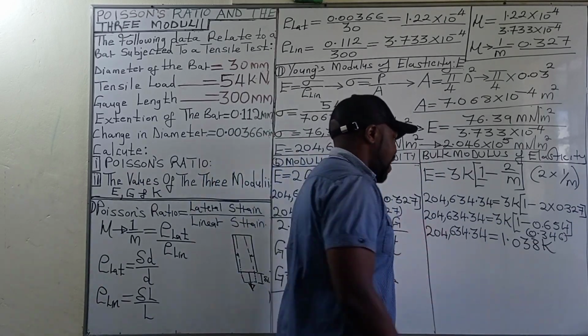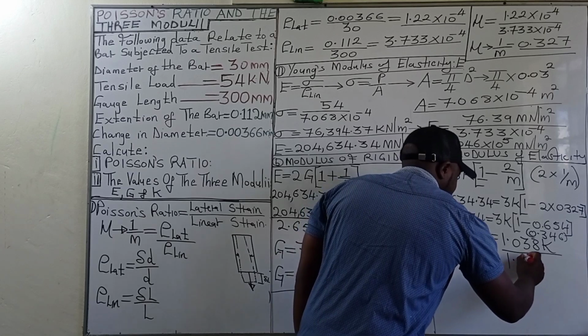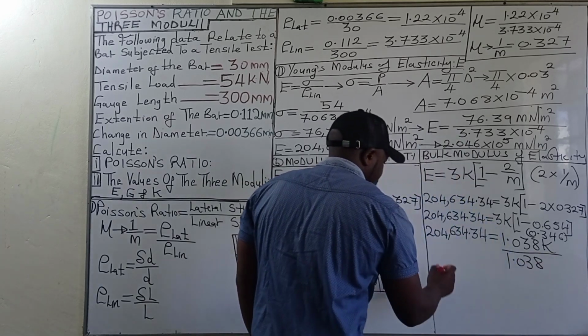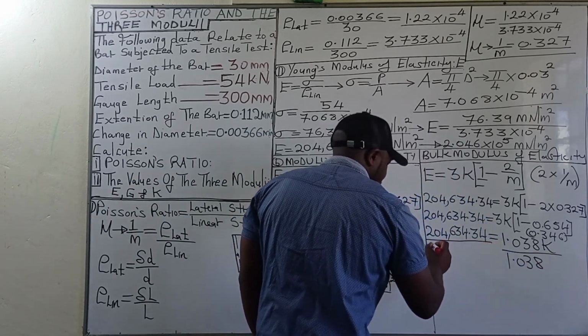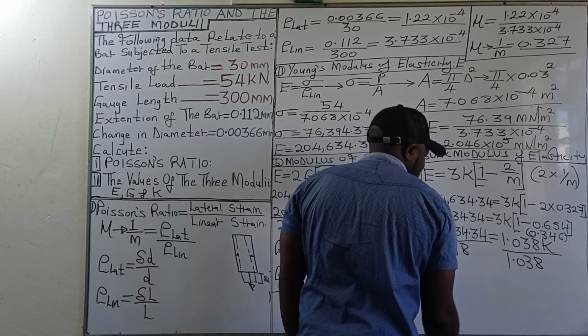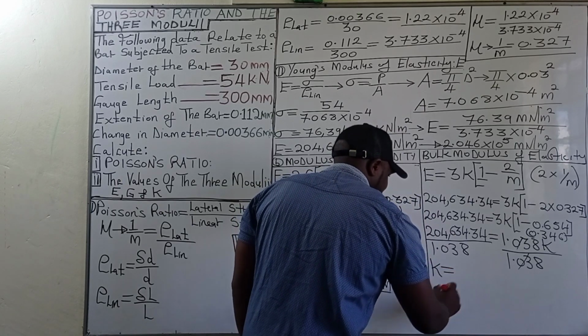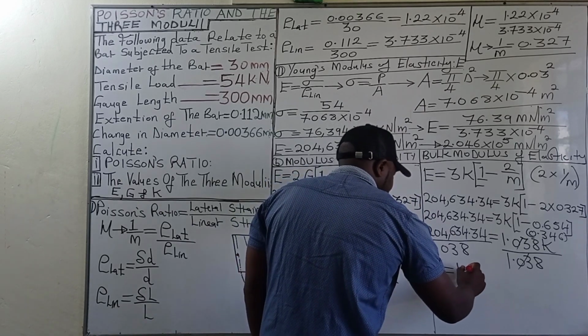To get the value of K, we are going to divide both sides by 1.038.